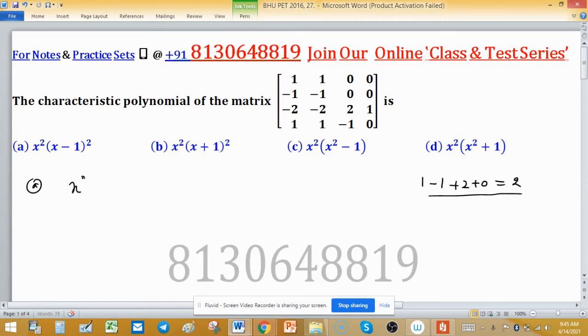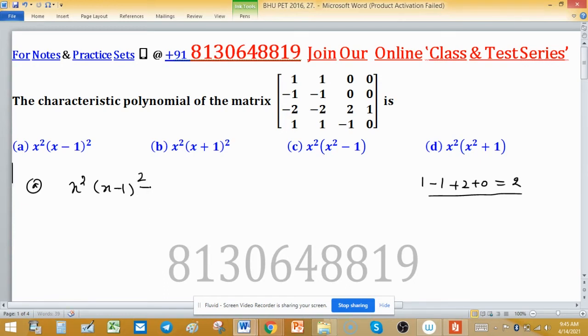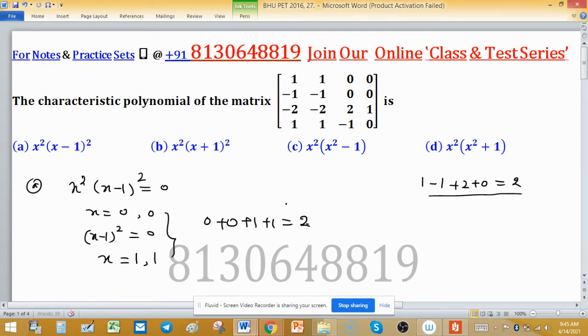In option A, x squared times (x minus 1) whole squared: the roots are x equal to 0, two times, and x equal to 1 and 1. So these are 4 roots, 0 plus 0 plus 1 plus 1 giving 2. So this is a possibility for the characteristic polynomial.